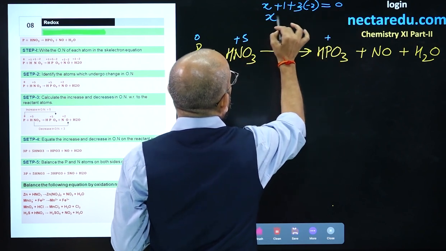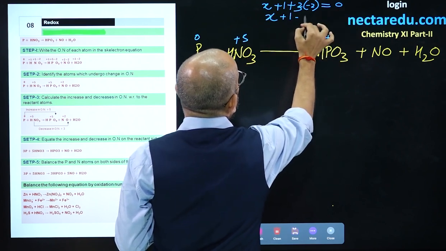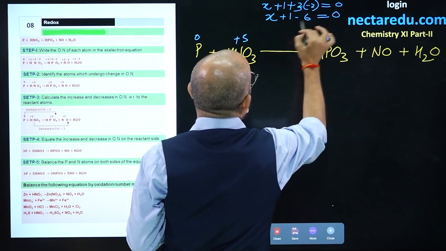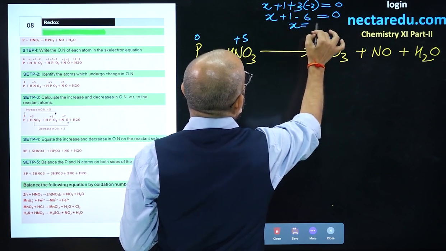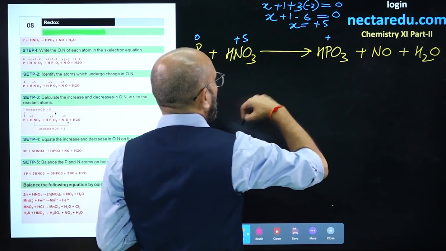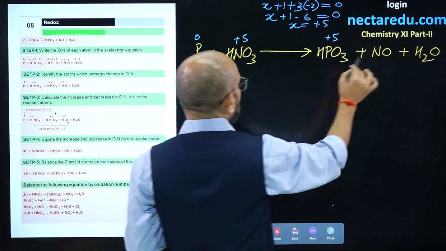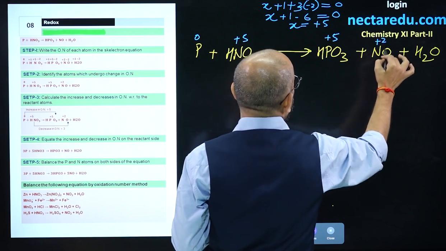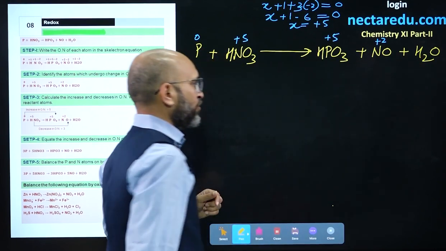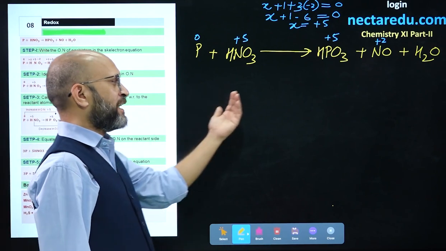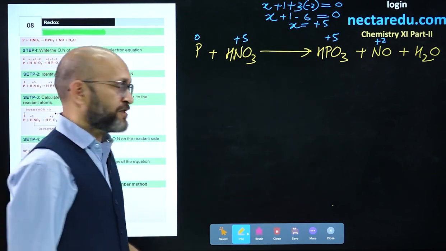So X plus 1 minus 6 equals 0, so X is coming out to be plus 5. So I was right. Oxidation state of phosphorus is 5 and in NO the oxidation state of nitrogen is plus 2. Water we are not considering here because hydrogen and oxygen are not changing their oxidation state.